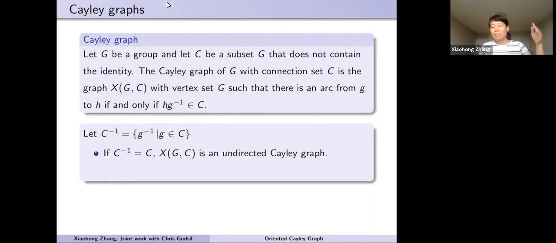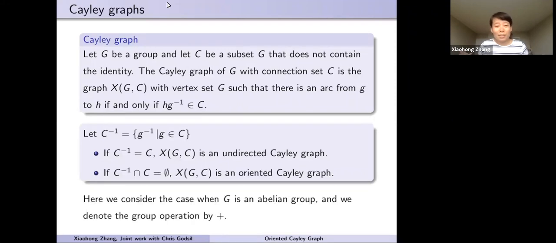That will imply that when we have an arc going from A to B, we will also have an arc going from B to A. So instead of drawing arcs in both directions for each pair, we just draw an edge between A and B, and we have an undirected graph. The other extreme case is that the two sets are disjoint. That will imply that if there is an arc from A to B, then there is no arc going in the opposite direction. We will have an oriented graph.